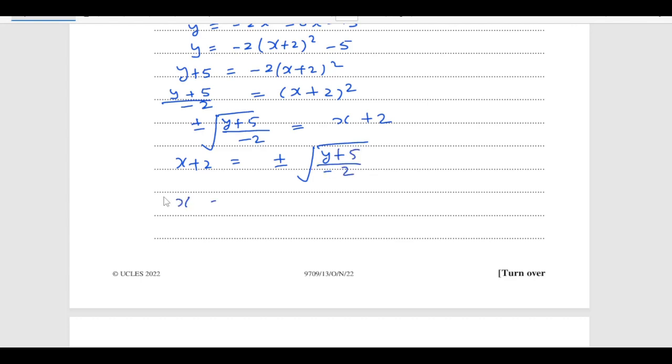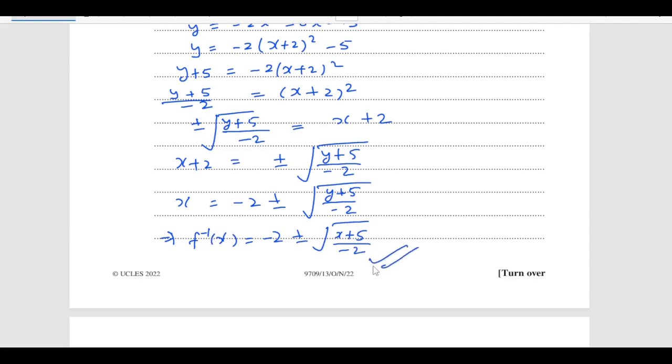So x is going to be -2 plus or minus the square root of (y plus 5) over -2. That means our f inverse x is equal to, just changing the y into x, -2 plus or minus the square root of (x plus 5) over -2. So this is our f inverse x.